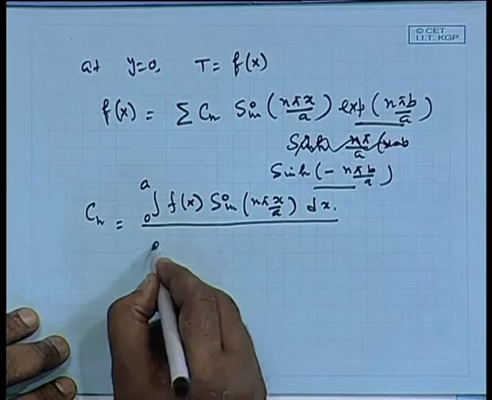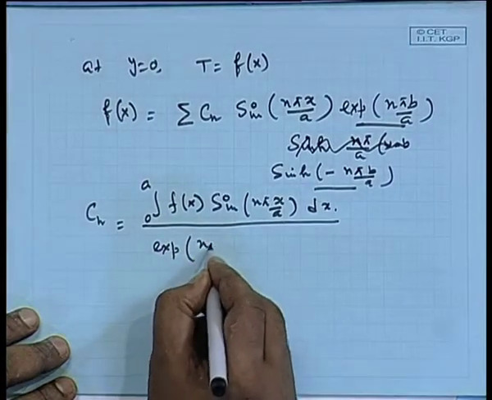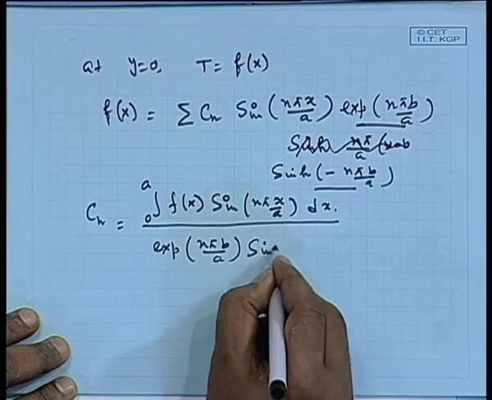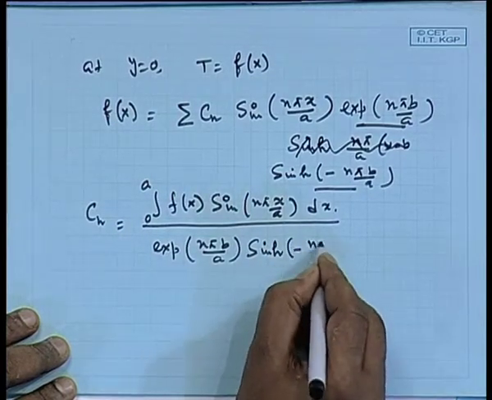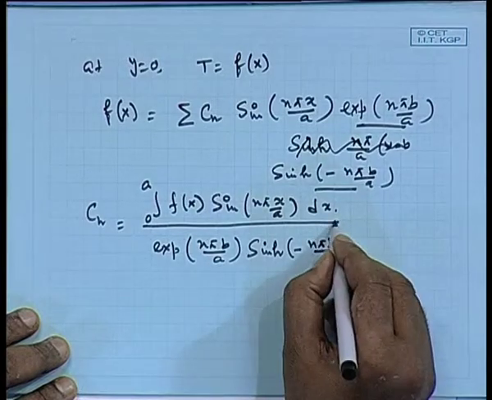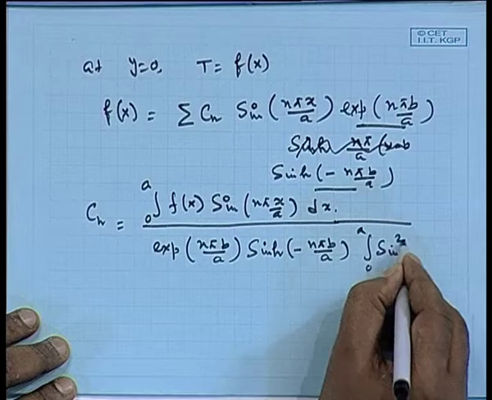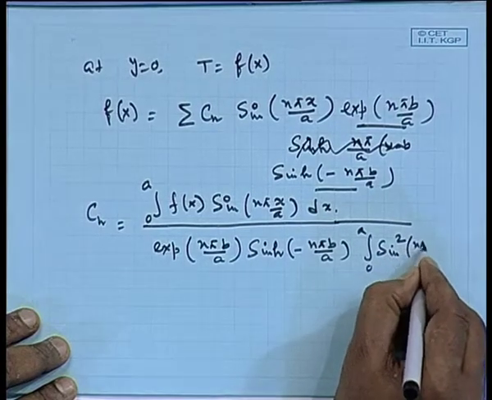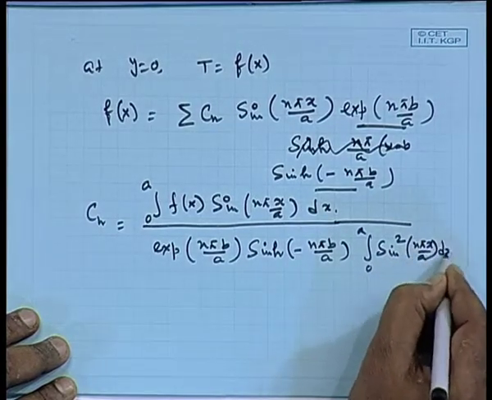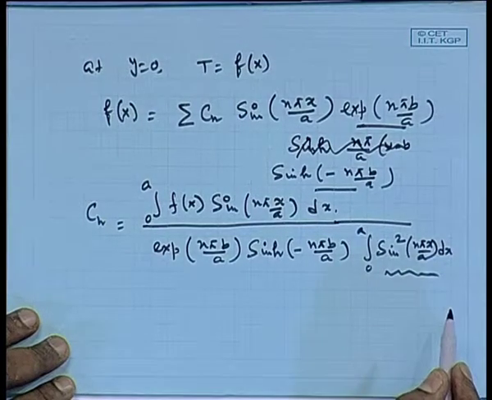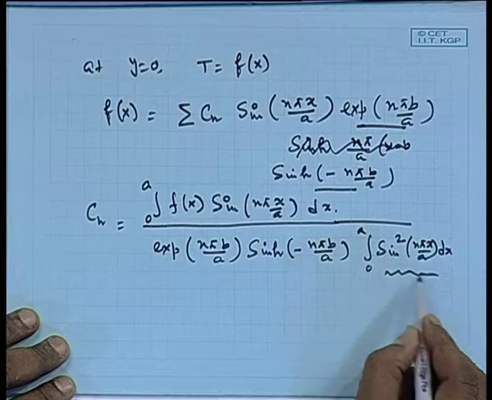So, it will be exponential n pi b by a sinh minus n pi b by a integral 0 to a sin square n pi x by a dx. And what will be this? This will be a by 2, right. This integral will be a by 2.